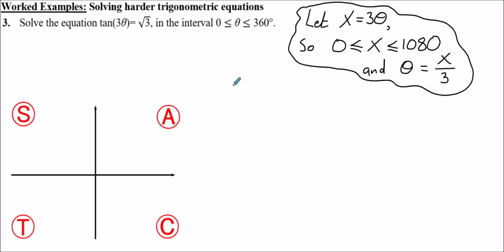So we're wanting to solve tan big X equals root 3, where of course, like I've said before, we've swapped 3 theta with big X just to make it read simpler and be simpler, in fact, to solve. So we can find the principal value of x by just doing inverse tan of root 3.